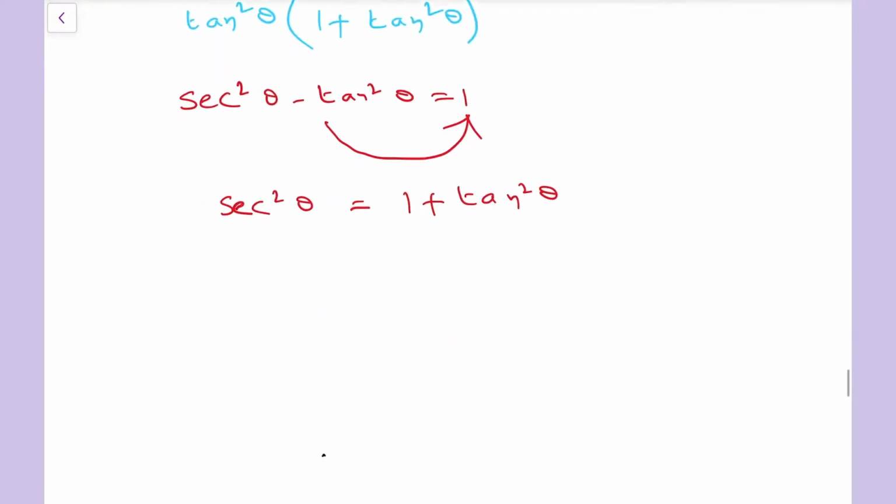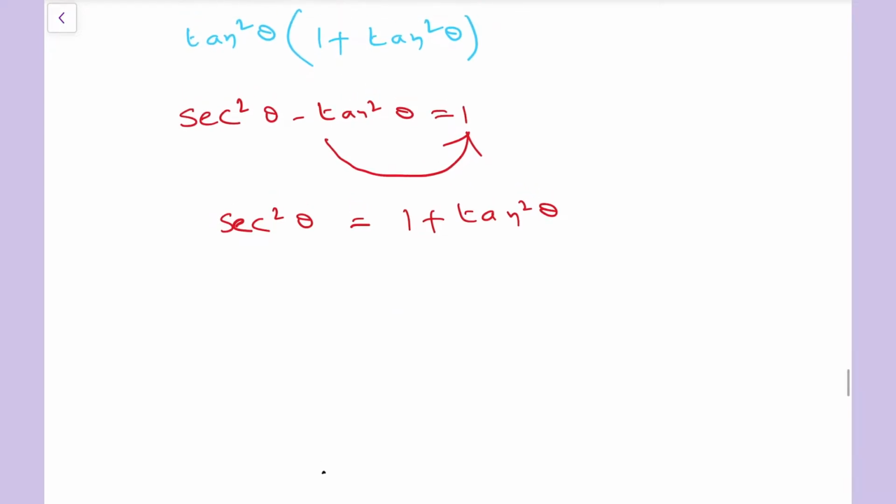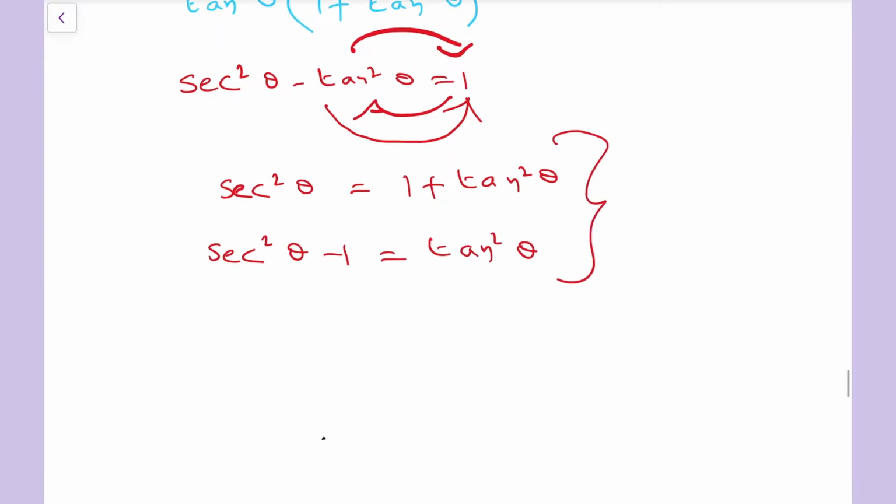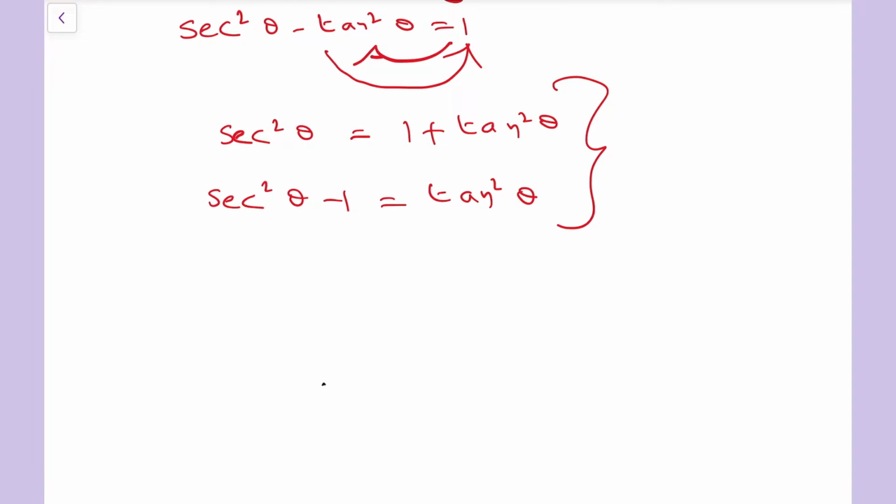Next, for the same identity, secant square theta minus tan square theta equals 1, take minus tan square theta to the right side and bring 1 to the left side. So we get secant square theta minus 1 equals tan square theta. These two I derived from the identity secant square theta minus tan square theta equals 1, so no need to remember these two.